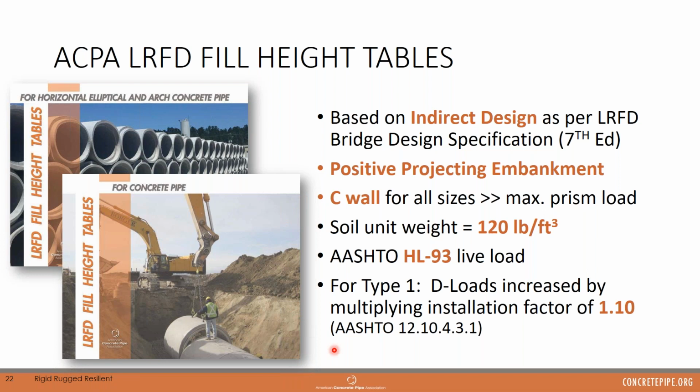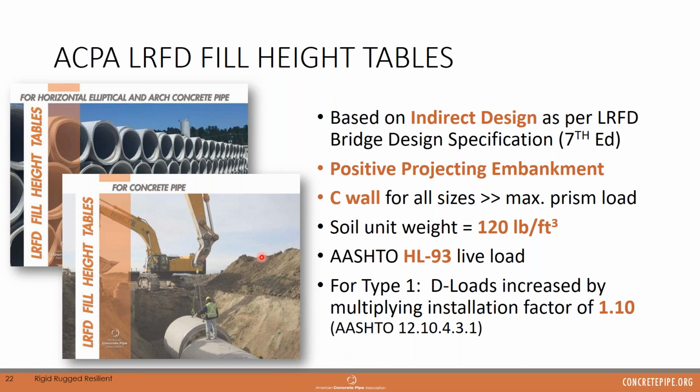And it also accounts for a clause that's in the AASHTO code that says if you're designing with a type 1 installation, because type 1 is the highest quality bedding, it's also, out of the 4, the most difficult to achieve. So for that reason, they wanted to throw in another sort of factor of safety in there, what they call the installation factor of 1.1. So these are the assumptions that went into the ACPA fill height tables.